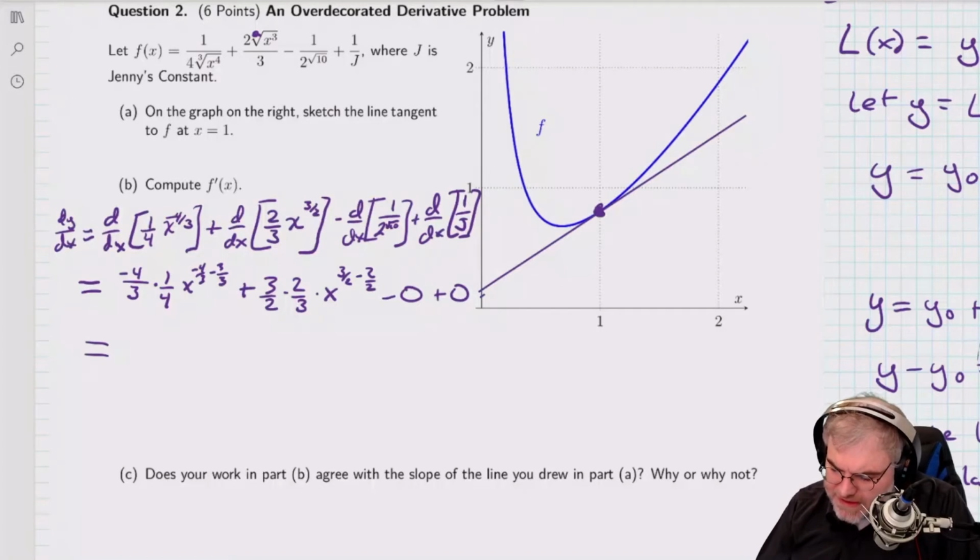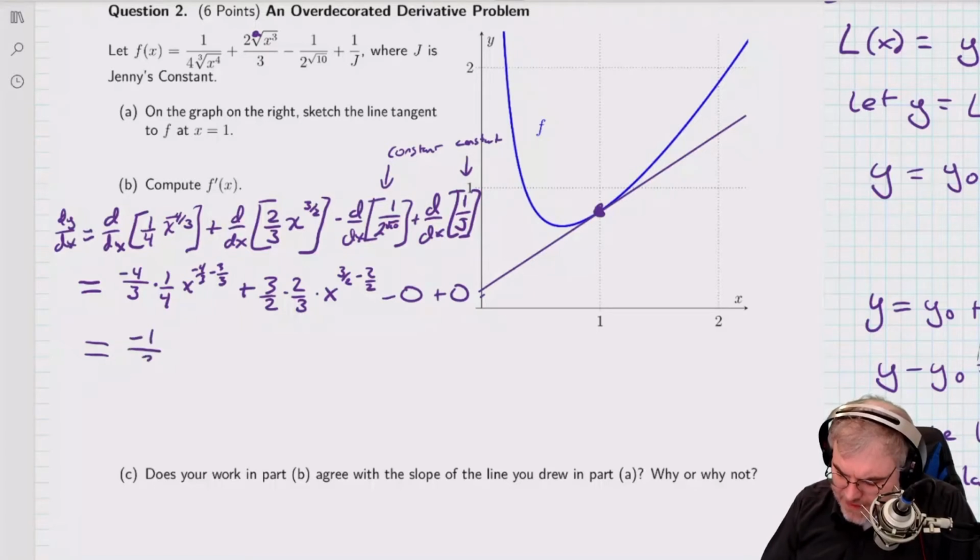The third term is 0 because it's 1/2 to the square root of 10, a constant. This term is also a constant. So -4, this is going to be -7/3, plus the 3 and the 2's are going to cancel. This is going to become x to the 1/2.